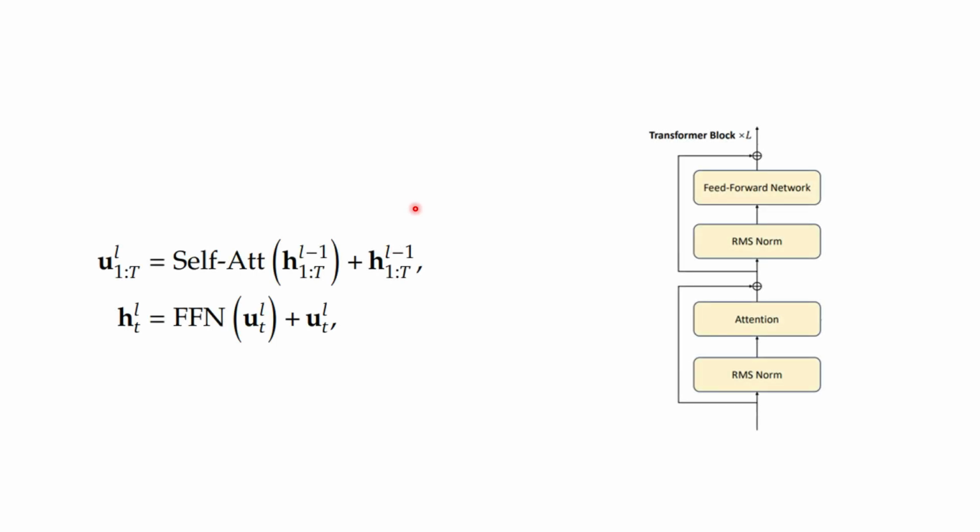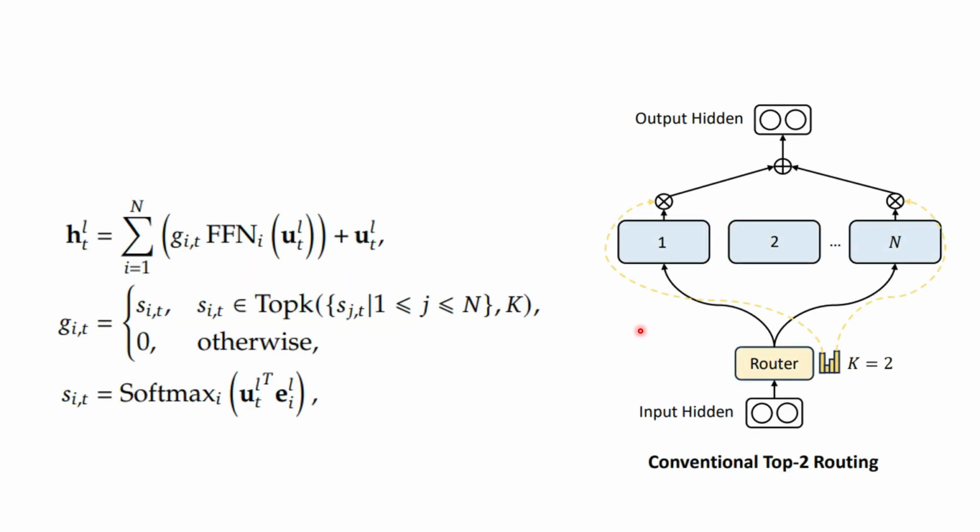The next major design is using a special mixture of experts structure. After calculating the attention heads, we have a feedforward layer that transforms and refines each token embedding independently. In a conventional MOE, we replace the standard feedforward networks with a set of multiple experts, each functioning like an independent feedforward network.